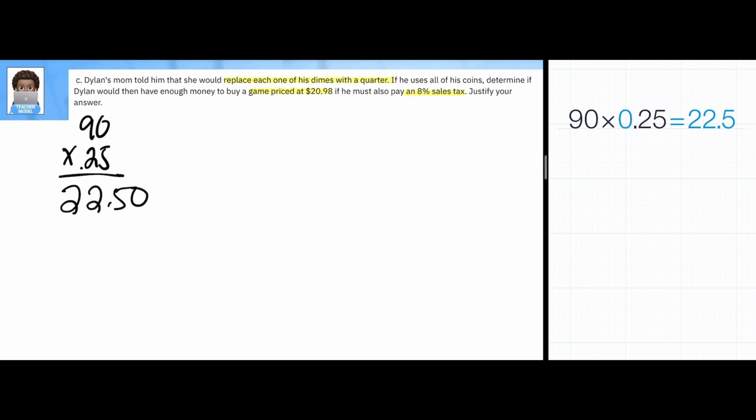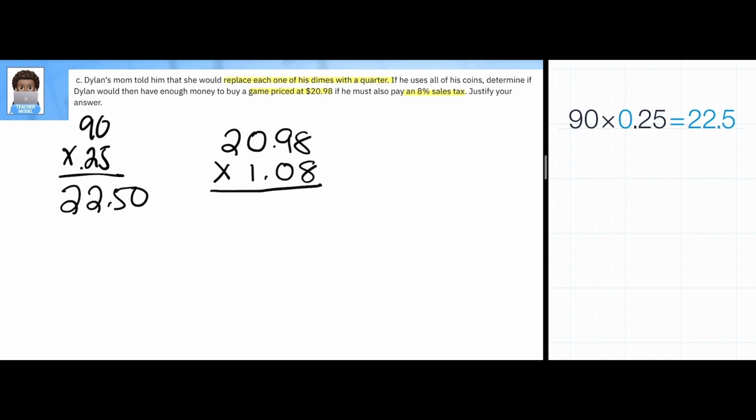And he has $22.50. Now, we do want to know if he has enough money to pay for the game with 8% sales tax. So here's the game. The game is $20.98. And to figure out the tax, I'm going to multiply it by 1.08.